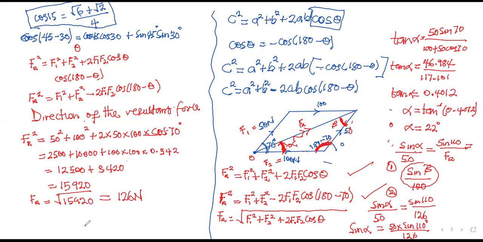We have just 5 minutes to close, so let's be snappy with that. So sine alpha is equal to: find out what sine 110 is, and then multiply that by 50.